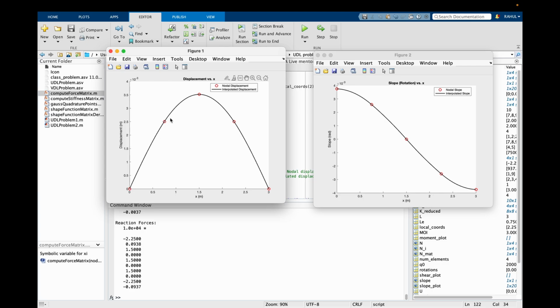These are the nodal coordinates for the displacement that we are getting, and you can see that this is also matching with the continuous, interpolated values.